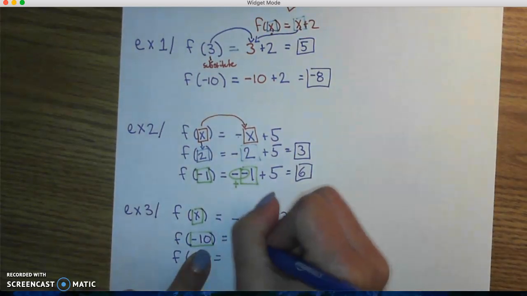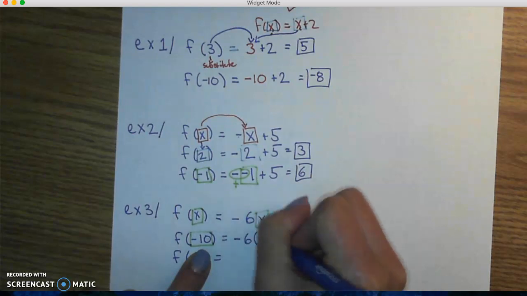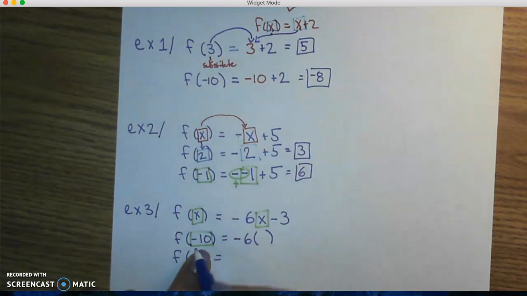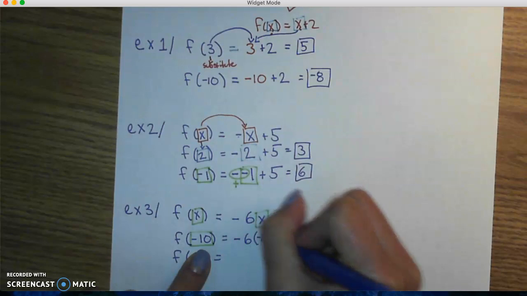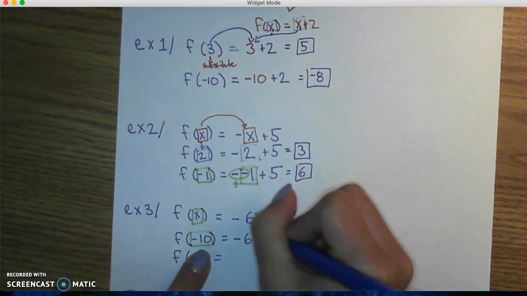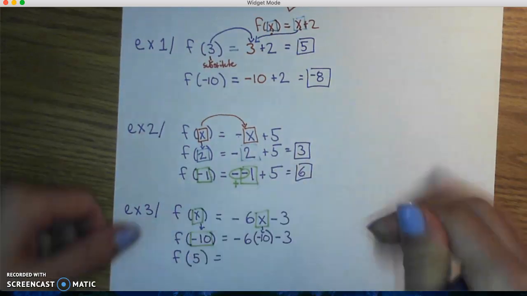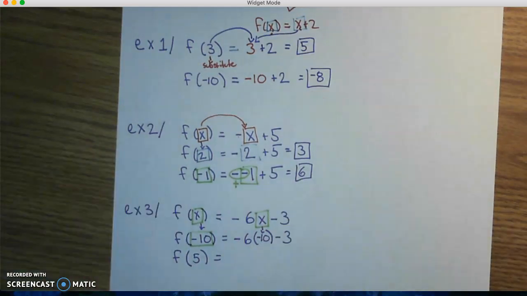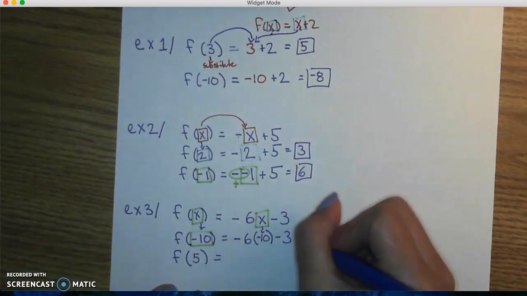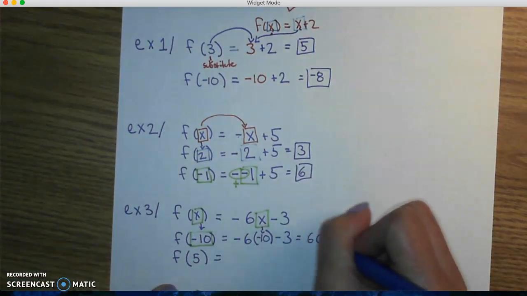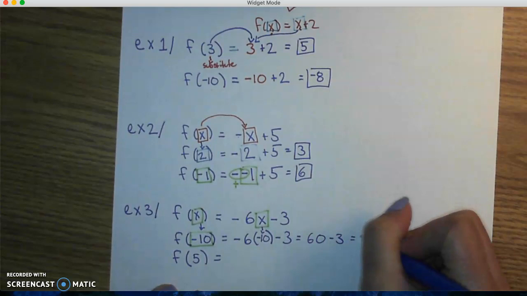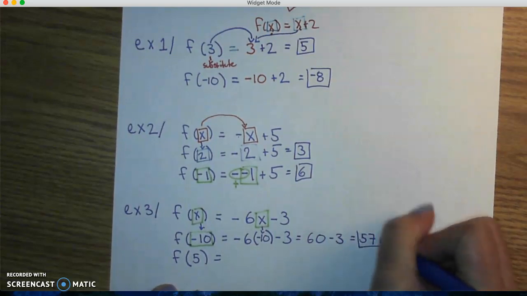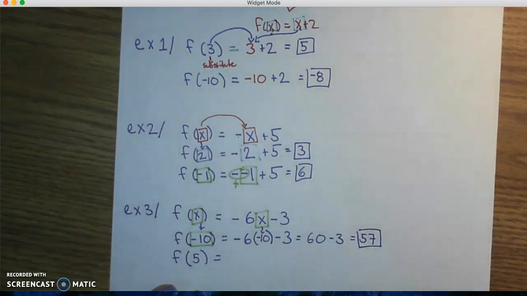So, negative 6, I'm going to substitute negative 10, minus 3. I am just substituting for x. Negative times a negative is a positive 60 minus 3 is 57. And the last one.